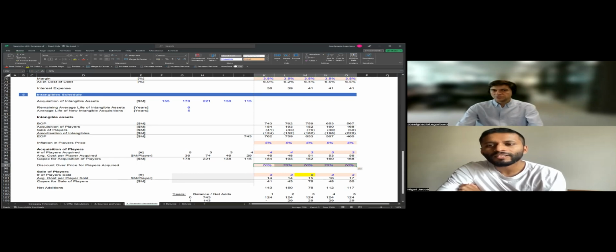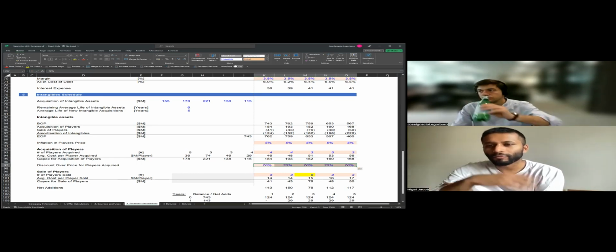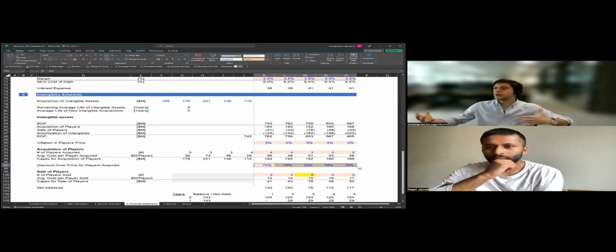As I said, the other big one here is what is the difference between the price at which I acquire and at which I sell. I'm going to assume a 70% discount. Said differently, if you buy a player for 100 million, you'd sell him for 30 million. Correct. And on average, I would be buying players at 46 to 50 million, as you can see here, but selling them at 15.